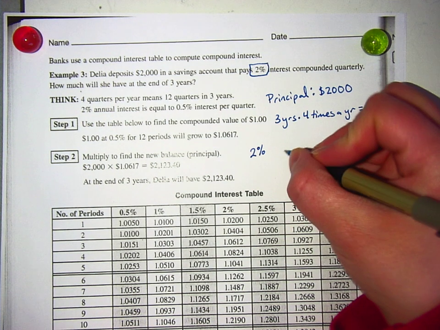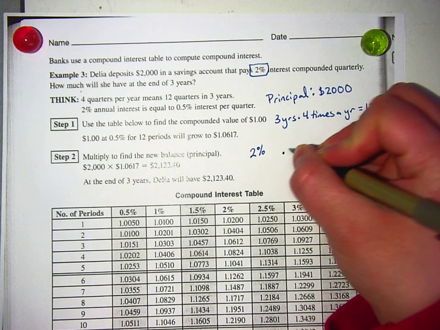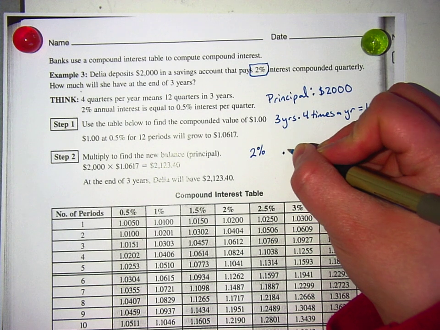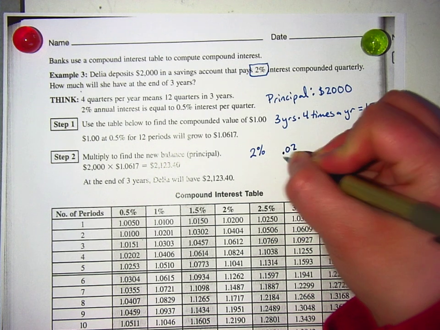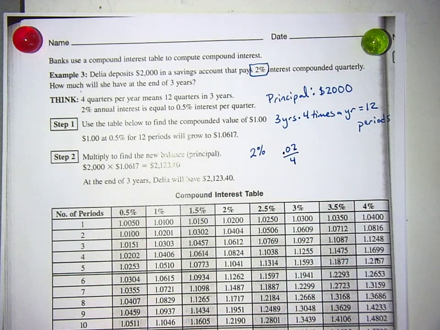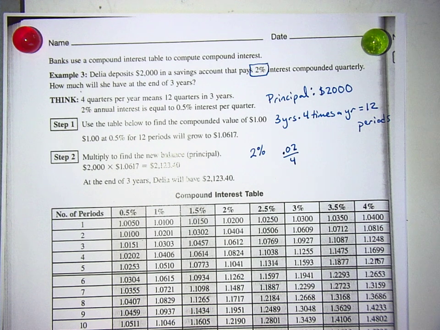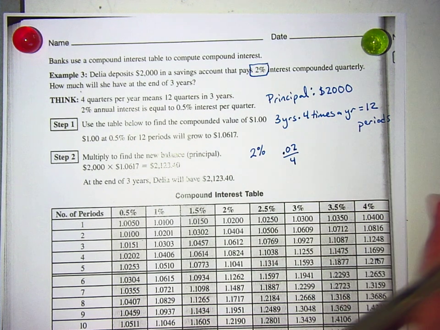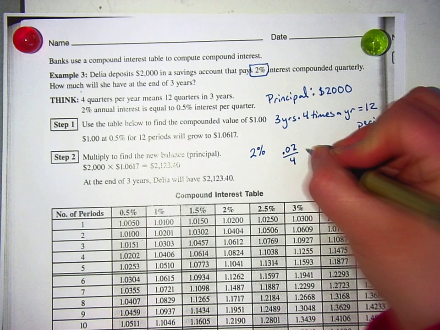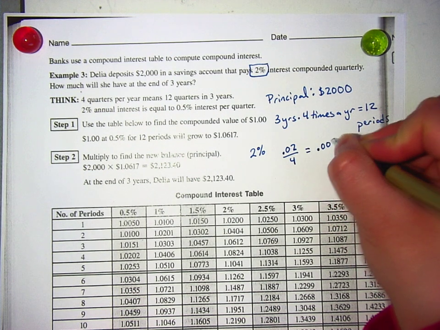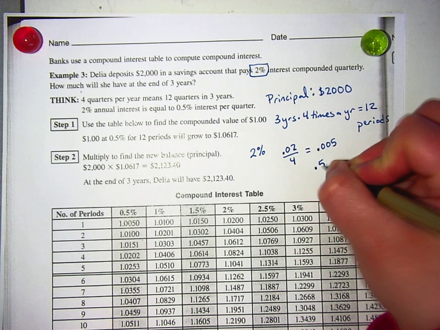Or you could take, everybody in your calculator right now, if you don't have a calculator, go get one. 0.02 divided by 4. Why did I write 0.02? Because that would be 2%. If it was 0.2, it would be 20%. This turns out to be 0.005, which is the same thing as 0.5%.